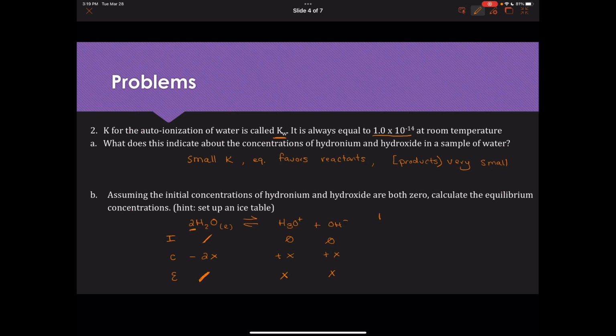And so remember that K, which we said we're going to call Kw, is equal to the hydronium times the hydroxide. So at equilibrium, my hydronium is X, my hydroxide is X. So I have that X squared equals Kw. And we just said Kw is always 1 times 10 to the negative 14th at room temperature.